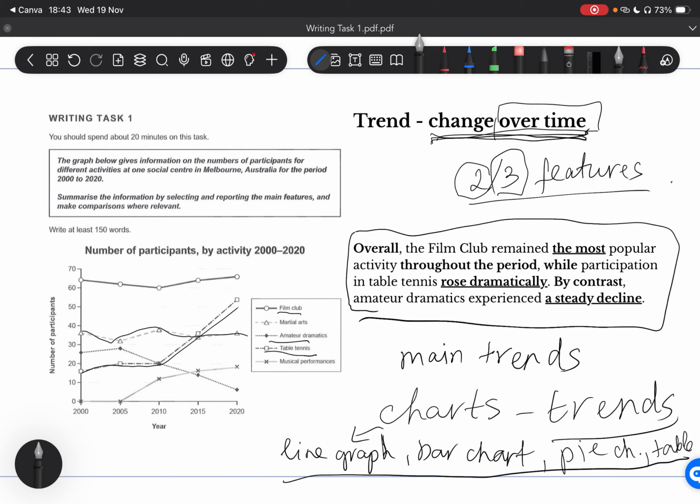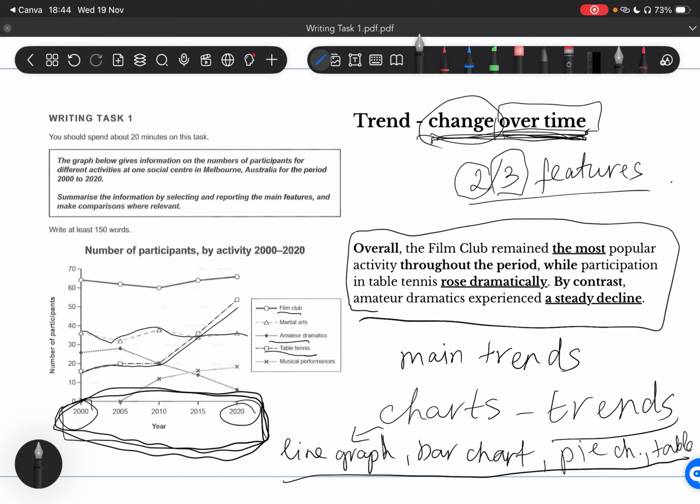Over time means like here, 2000 and 2020. So the changes which happened between these 2 years is called over time, right? Change happens only if there are at least two time points.